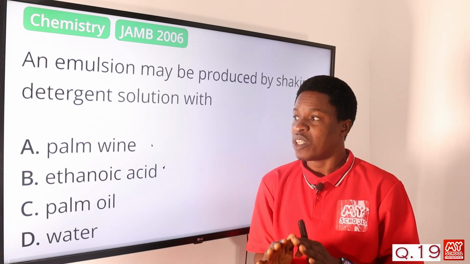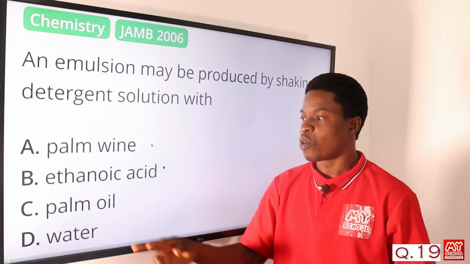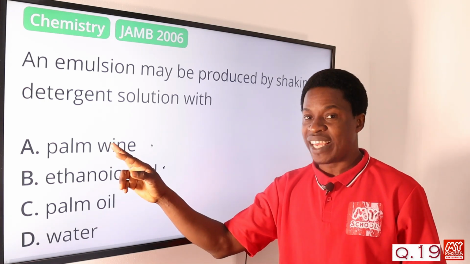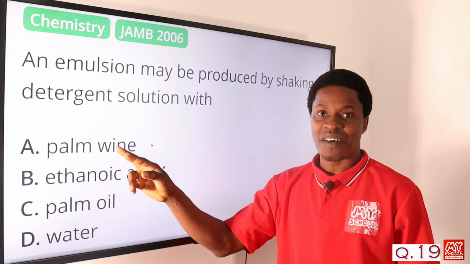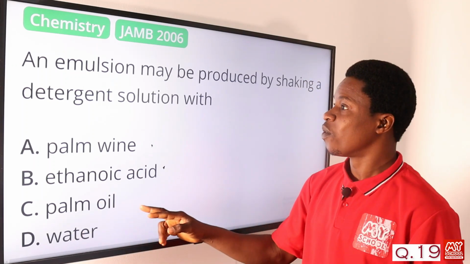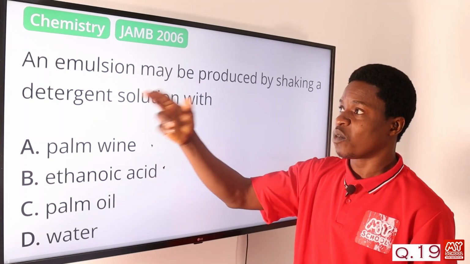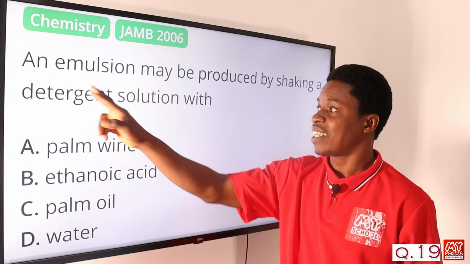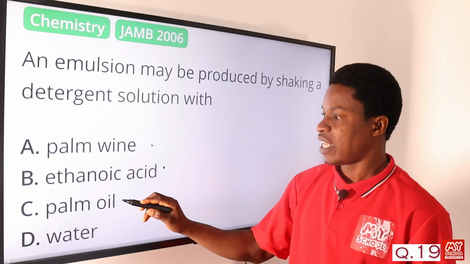Everything will go down. It becomes stable. So that can form an emulsion. Palm wine and palm oil are both palm, but this is oil and this is just wine. You have ethanol here, and this one you have oil. So oil is a substance, a liquid, you can add to detergent solution to get your emulsion. So this, of course, is correct.